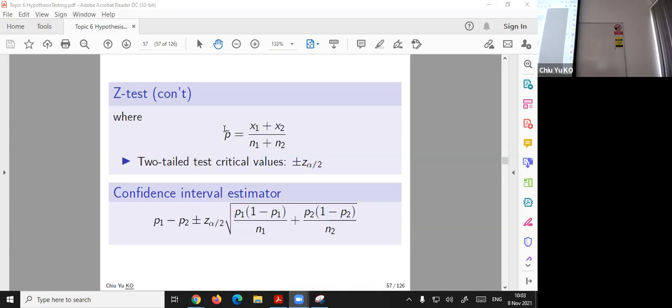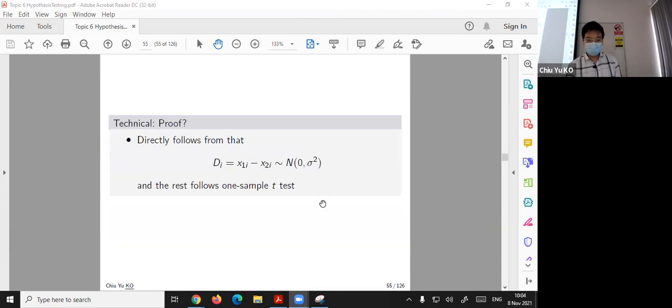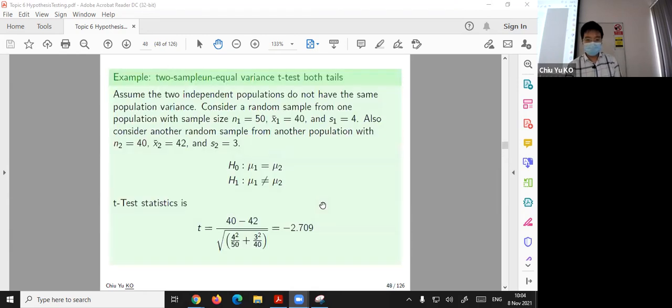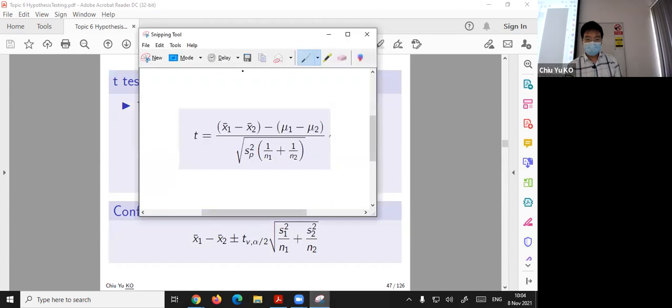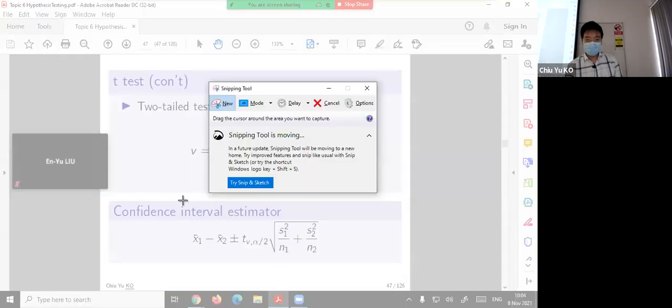There's no problem with this. But you do notice that for the confidence interval estimator, you can't combine.